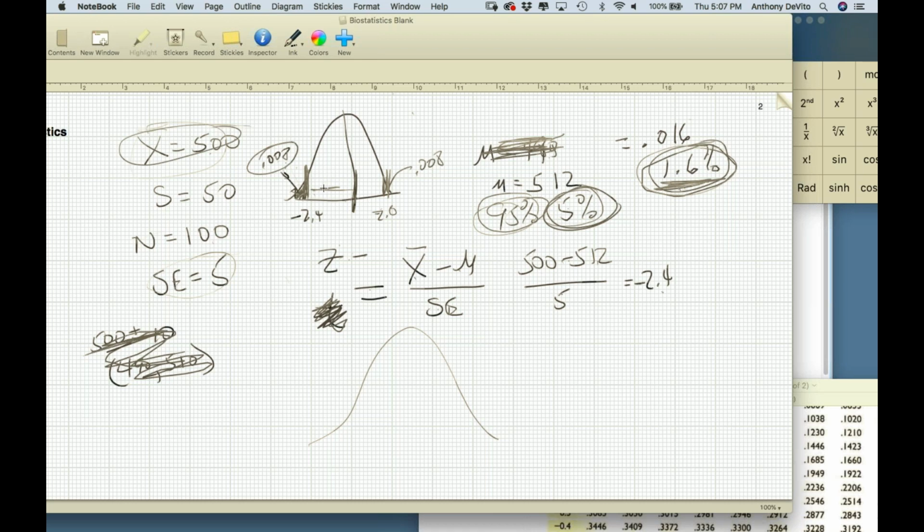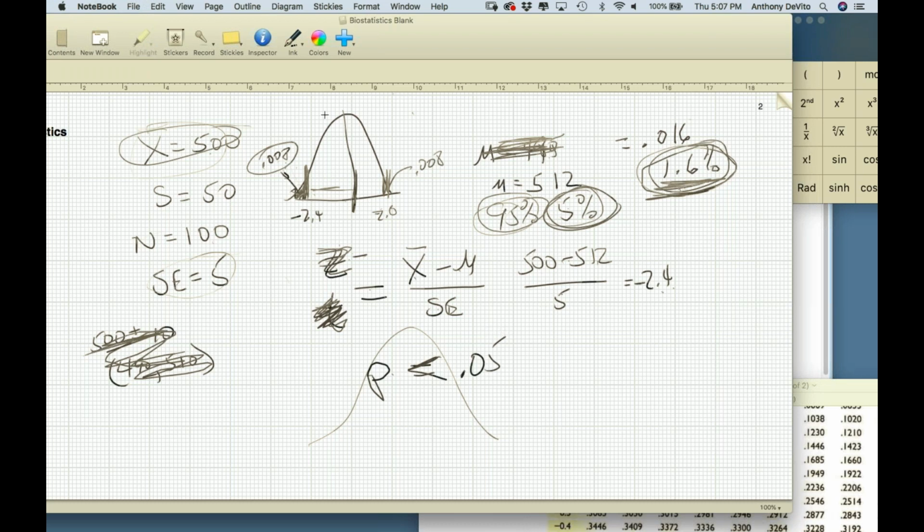That means it's more likely that this came from a population with a different mean. And how likely would I be to be wrong? 1.6% of the time, it could have come from the same population. So I can use this value of Z, and if it comes back with an area in the Z table, which we're going to call P, for probability, that's less than 5%, we can say that they're different.